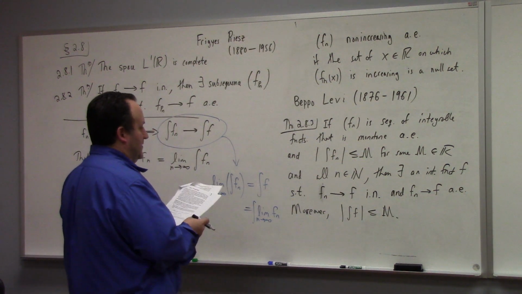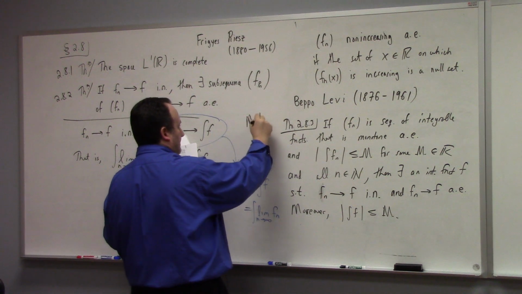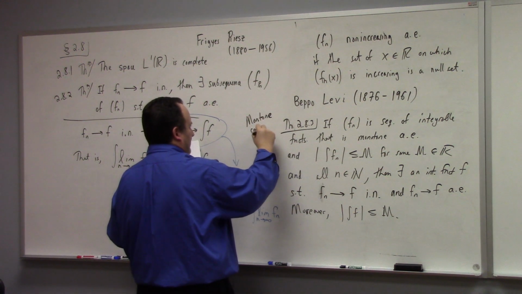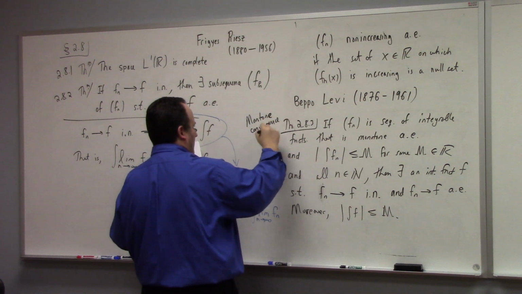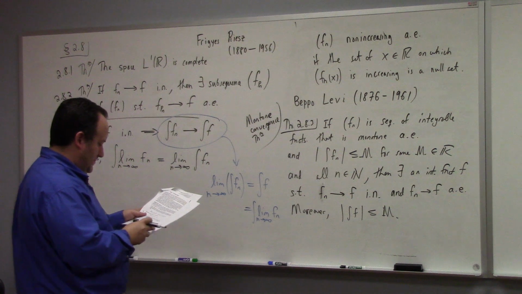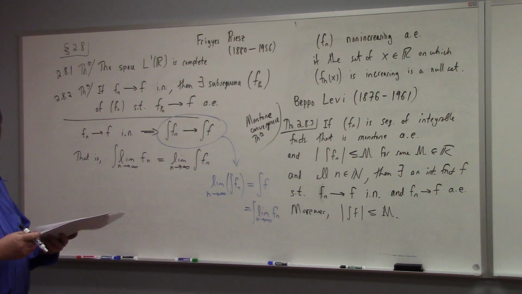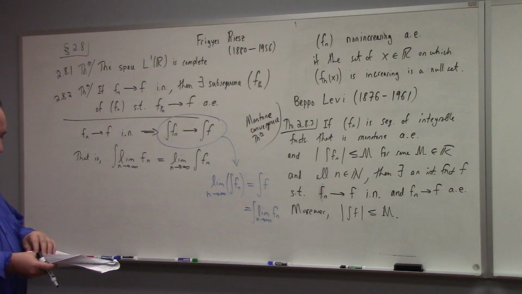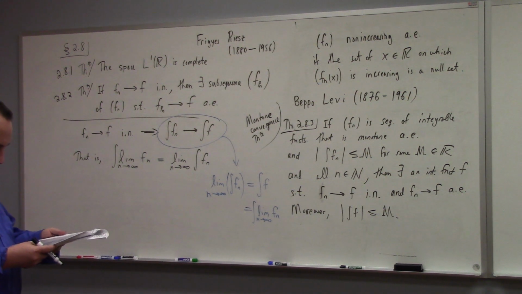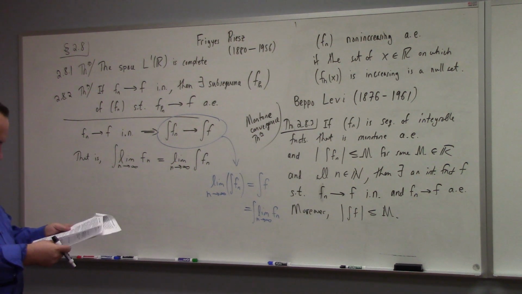So this is the so-called monotone convergence theorem. So monotone means what? It's either non-increasing or non-decreasing, one or the other. You gotta pick your poison. So this is the monotone convergence theorem.